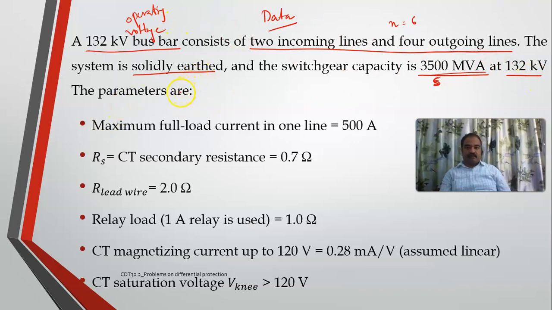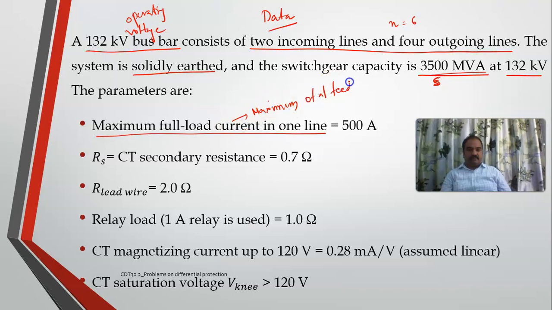So based upon this, the parameters which have been given for us are: number 1, the maximum full load current in one line, which is nothing but the maximum of all the feeder currents. This is 500 amperes.